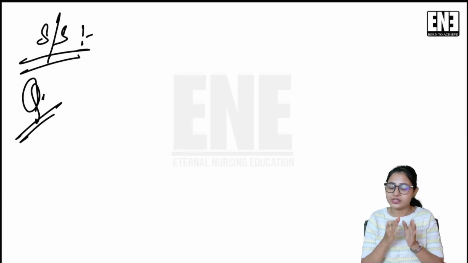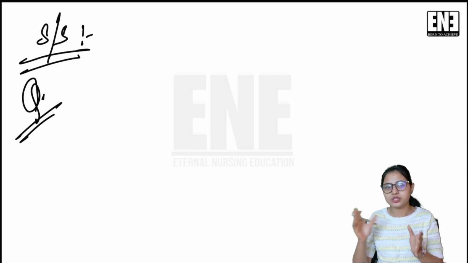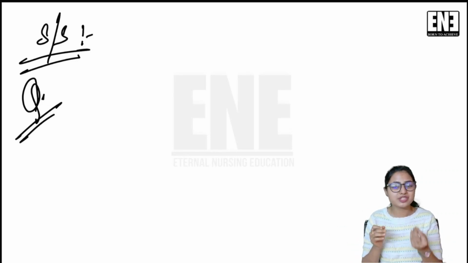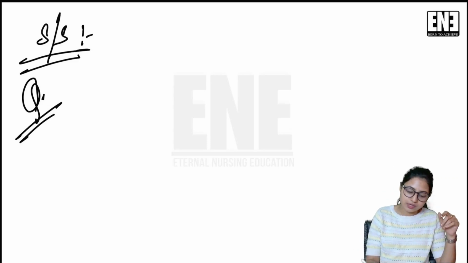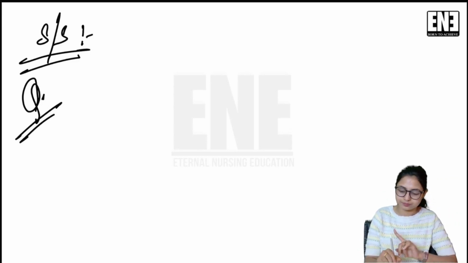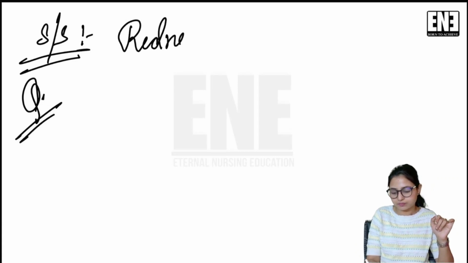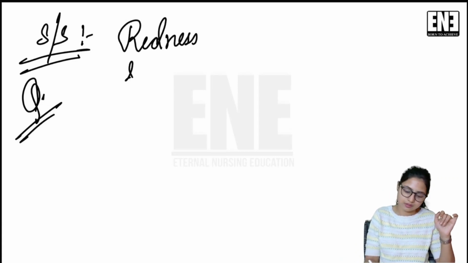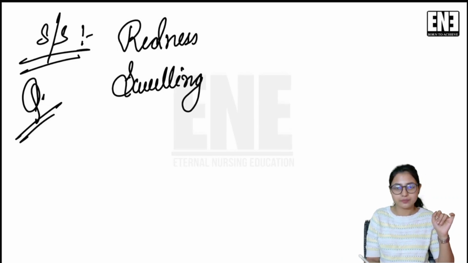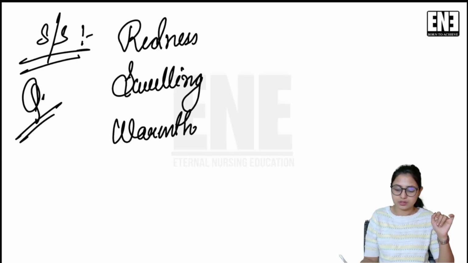So the question will be asked: whether it is infection or inflammation, it has some special clinical features, and how can you diagnose it? The first symptom is redness, swelling, and warmth.